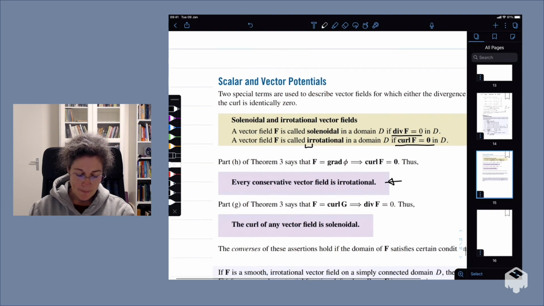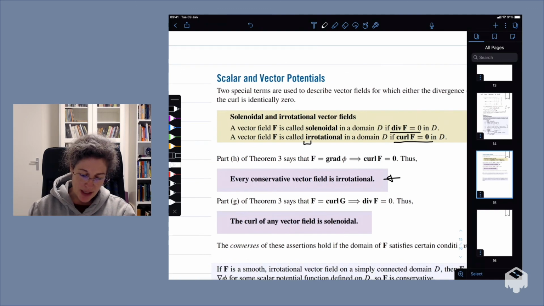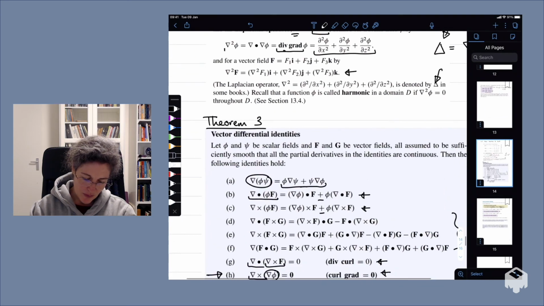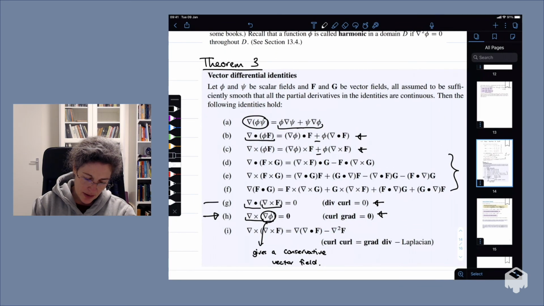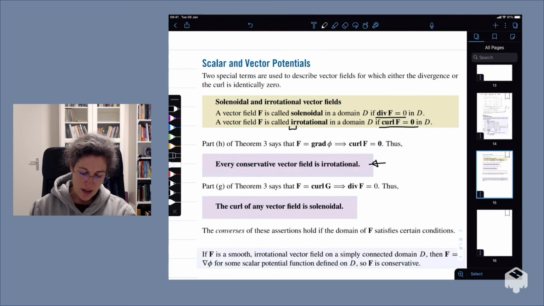Okay? And if we look at part G, what does part G say? Well, we're now thinking of the curl of a vector field and looking at its divergence, and it says that the curl of any vector field is solenoidal, because remember, solenoidal says that the divergence is equal to 0.